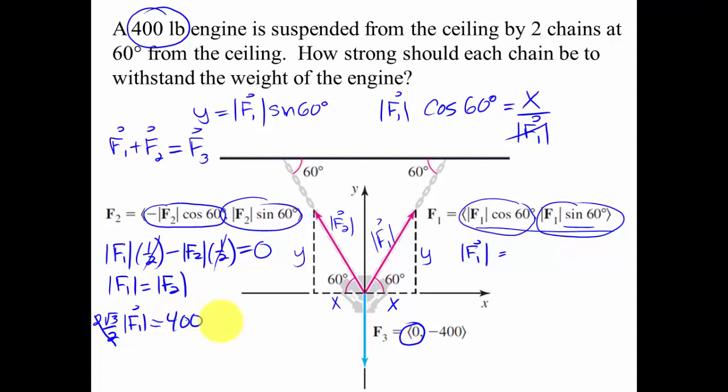So we can now solve for the magnitude of F1, and that's going to be 400 over square root of 3, and we could punch buttons to get an approximate. That's about 231. So what that means is each of these chains needs to be able to withstand 231 pounds to be able to hold the weight of this 400-pound engine.